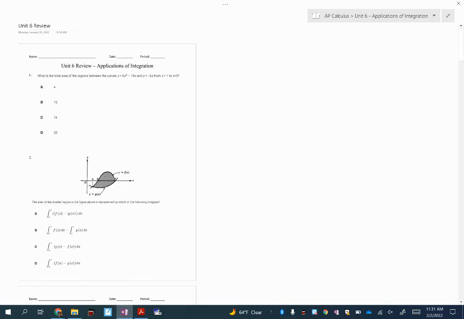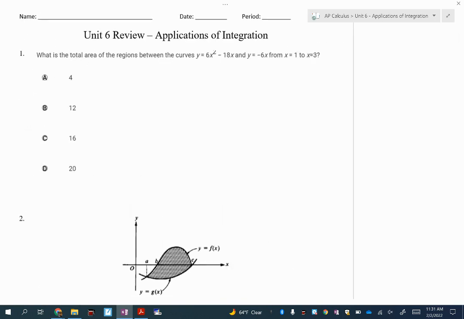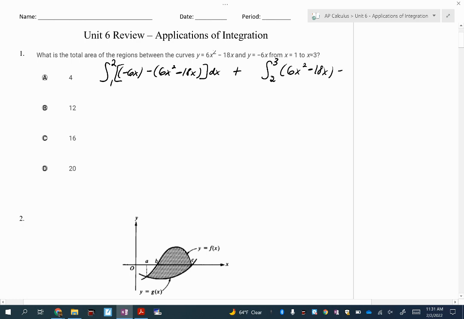So I write down the integral from 1 to 2 of negative 6x minus (6x squared minus 18x), and then do the same thing from 2 to 3, where the quadratic piece is on top. Okay, so that's the setup.